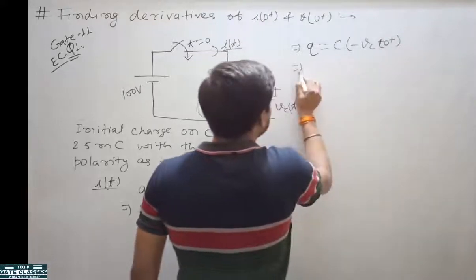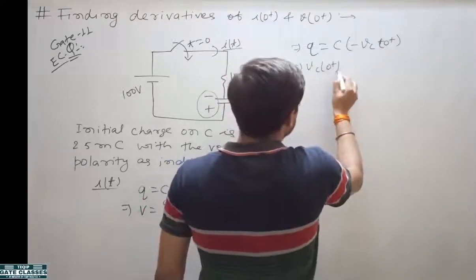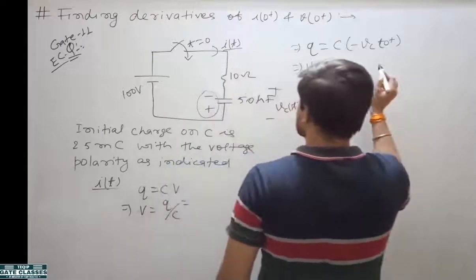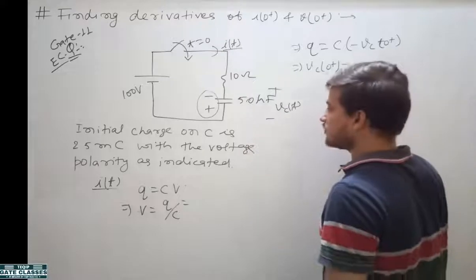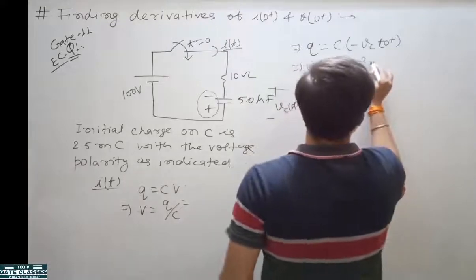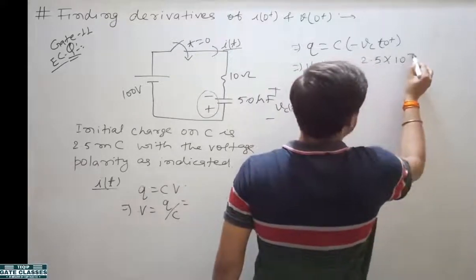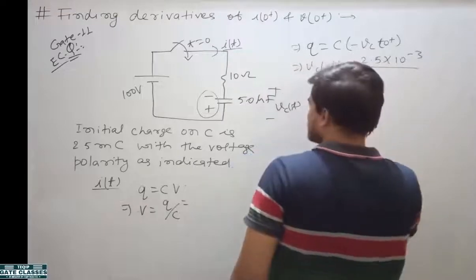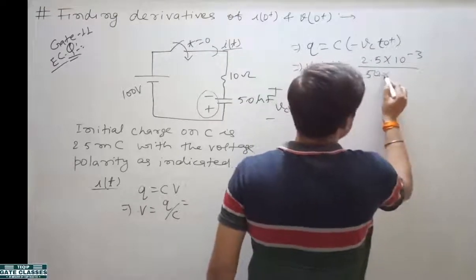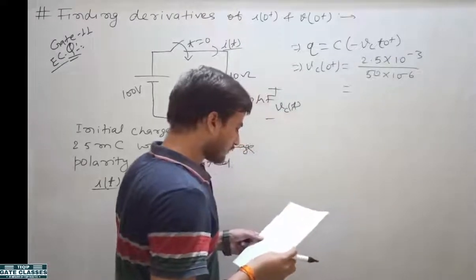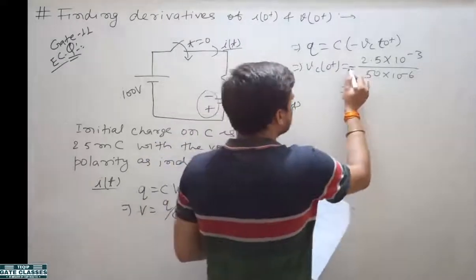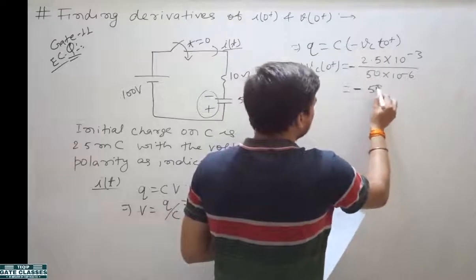From here Vc(0+) is equal to Q by C. The value of Q is 2.5 into 10 to the power minus 3, divided by C, and the value of C is 50 into 10 to the power minus 6. From here Vc(0+) is coming minus 50 volt. Here the minus sign is there, so it is minus 50 volt.